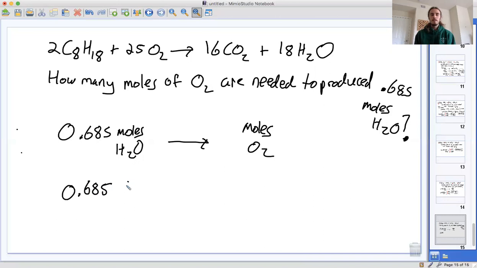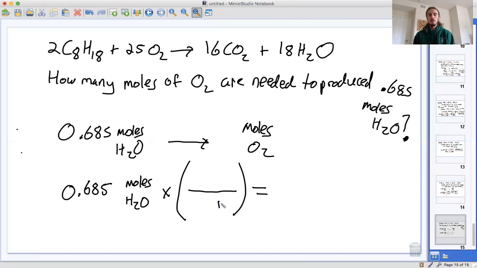Let's see. 0.685 moles of water multiply by the conversion factor. So ratio, water on the bottom, O2 on the top, so that we end up with moles of O2. My coefficient for water is 18, so that goes on the bottom. My coefficient of O2 is 25, so that goes on the top.